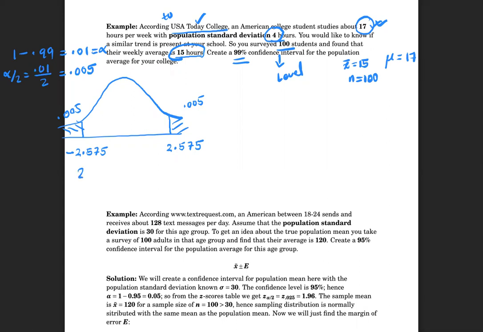So this is your z sub alpha over 2, which is negative z sub 0.005, but I won't get into the details of technicality. So z sub alpha over 2 is equal to z sub 0.005, right?